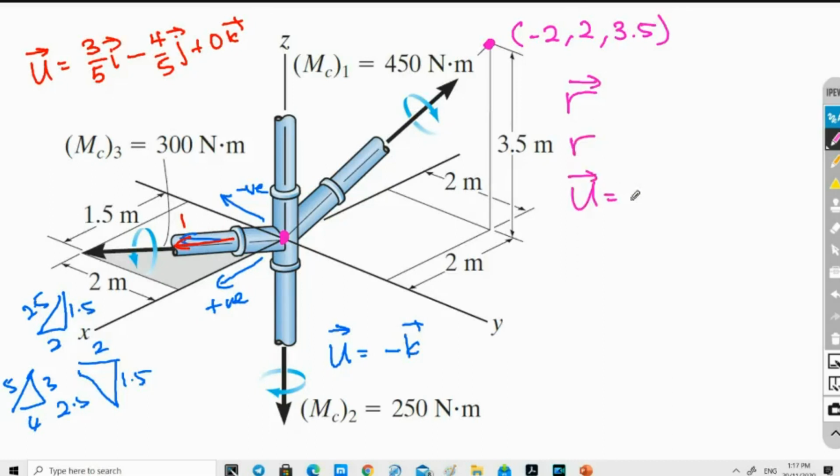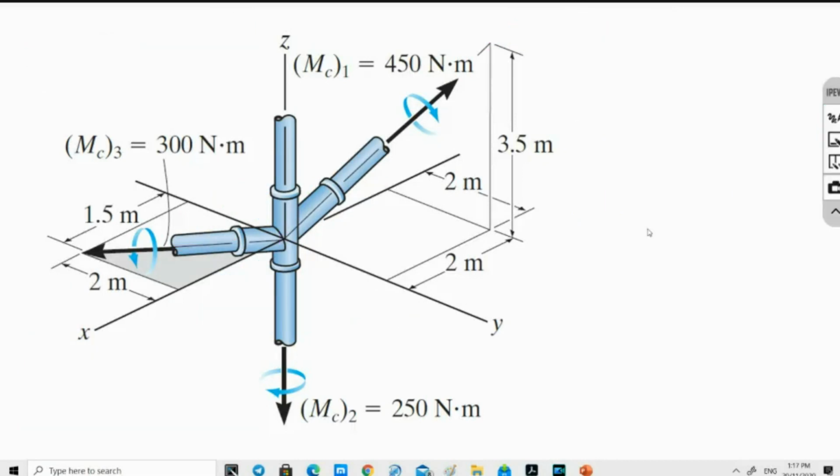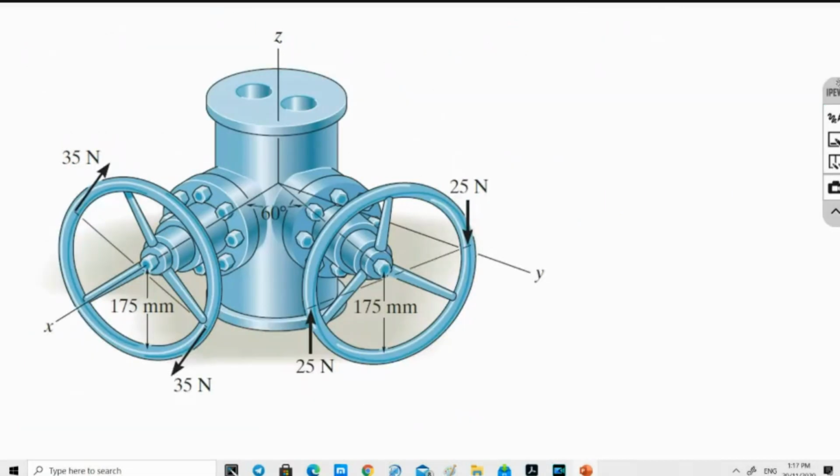So that's how you can get the unit vector using a different method. This one is straightforward. This one you can just use the triangle straight away. This one you can actually use the coordinate and position vector. All of this is just to get the unit vector of the axis of rotation. Next. All right, what about this one?